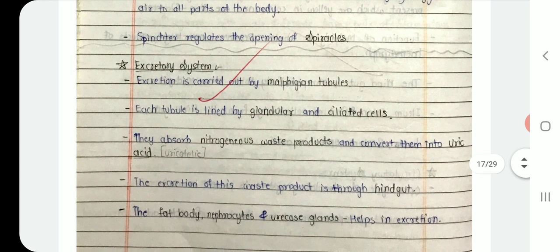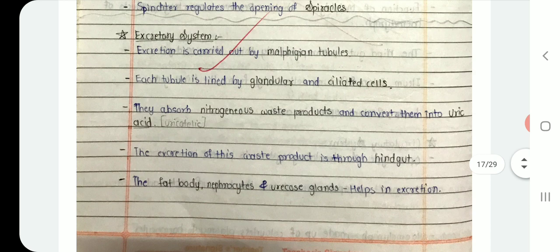Now we are going to see the next system, that is the excretory system. The excretion in cockroach is carried out with the use of the Malpighian tubules. As I told you in the digestive system, the Malpighian tubules are responsible for carrying out the excretion.